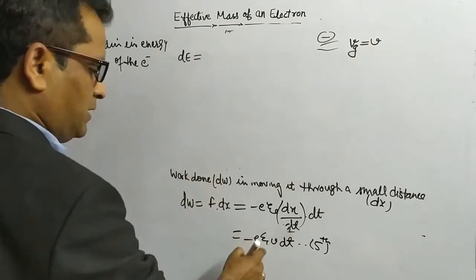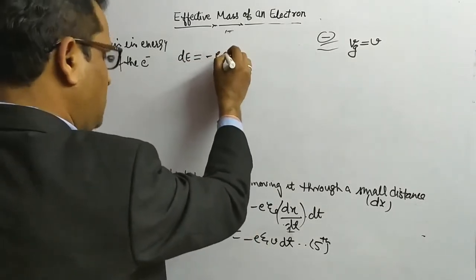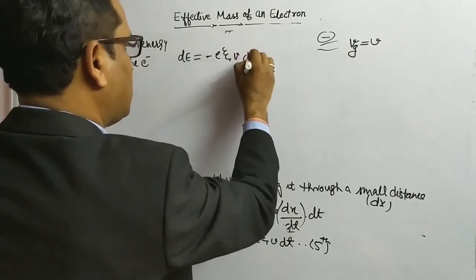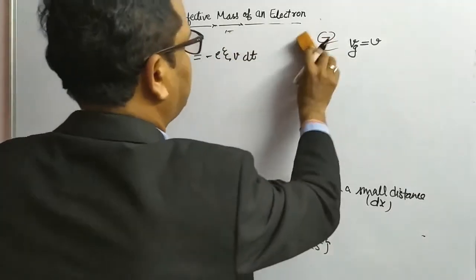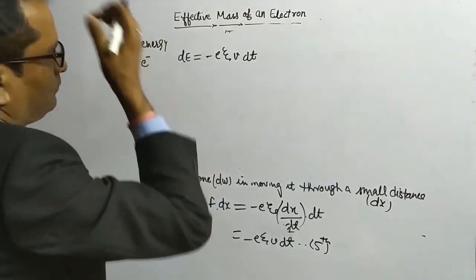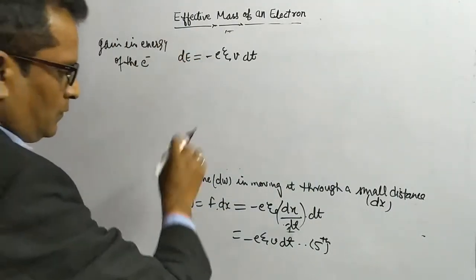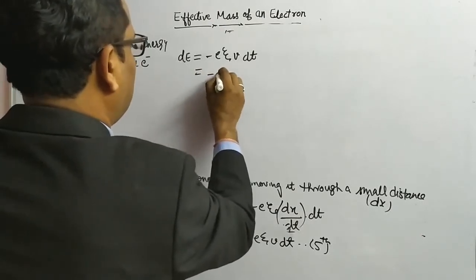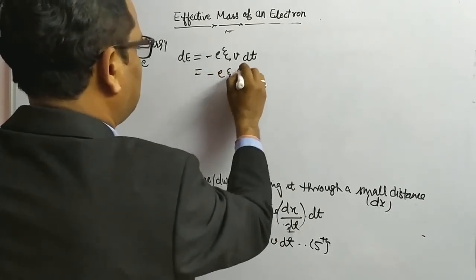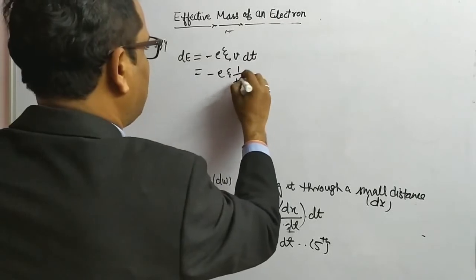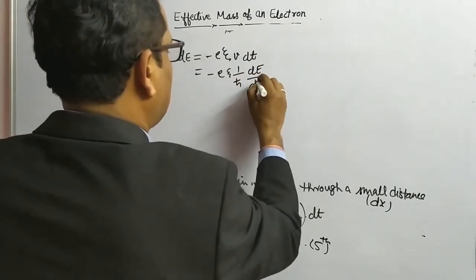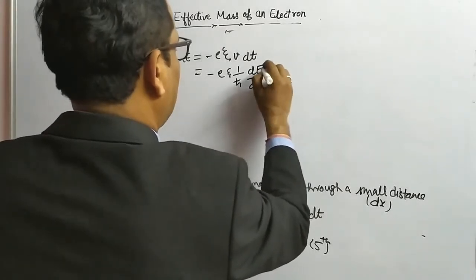So dE can be written as minus e Chi v dt. Now I'll substitute for this velocity.